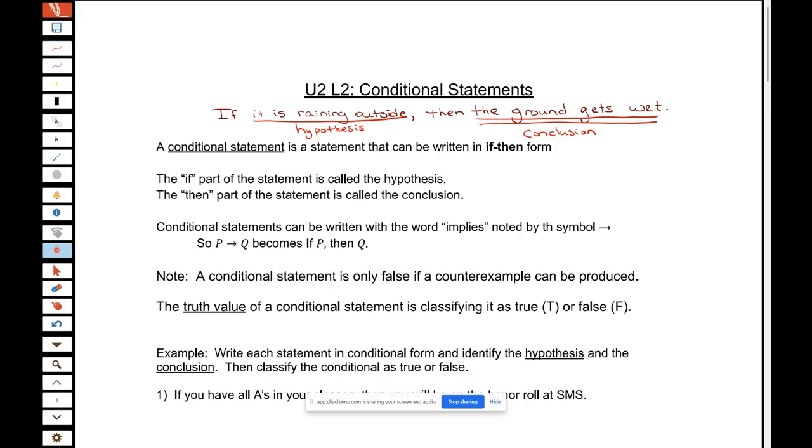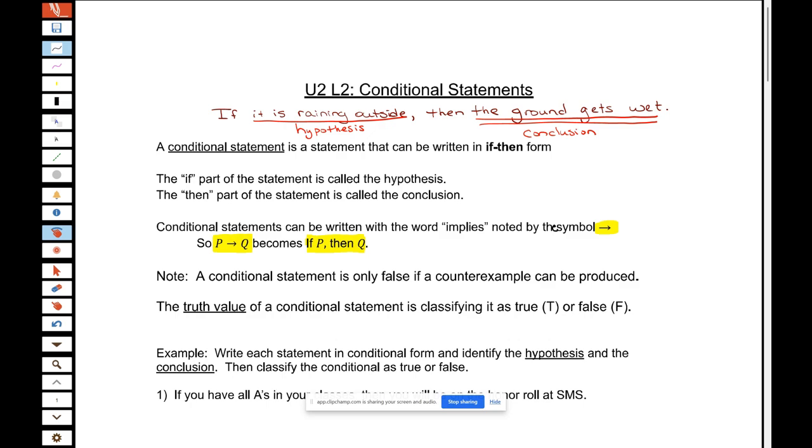Conditional statements can be written with the word implies, noted by the symbol, which is like an arrow. P implies Q is the same as saying if P, then Q. And P and Q would stand for some real world event.